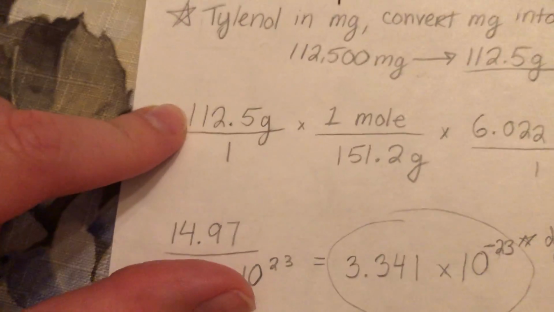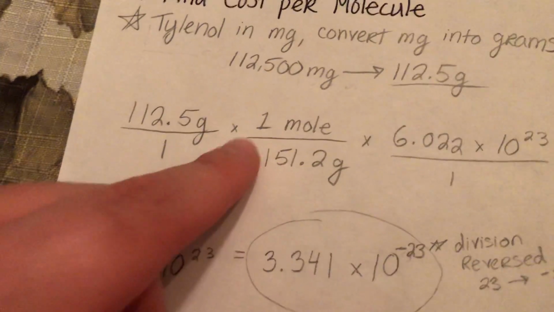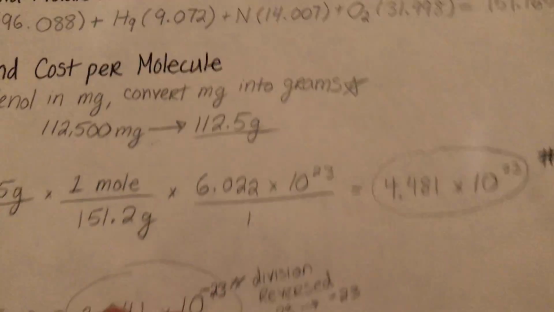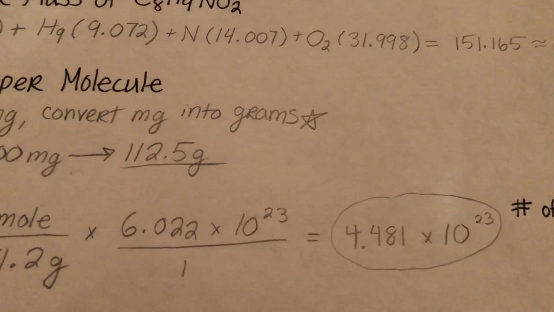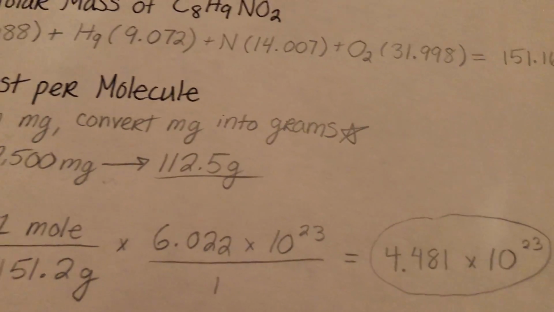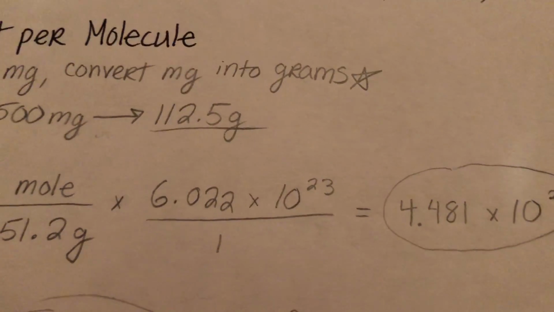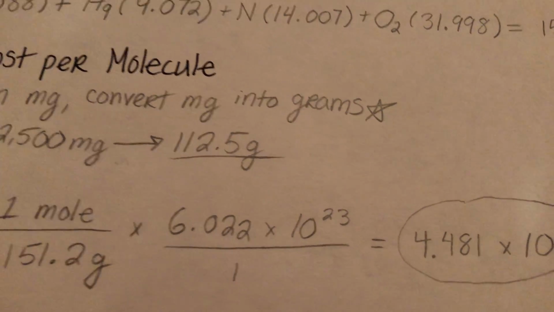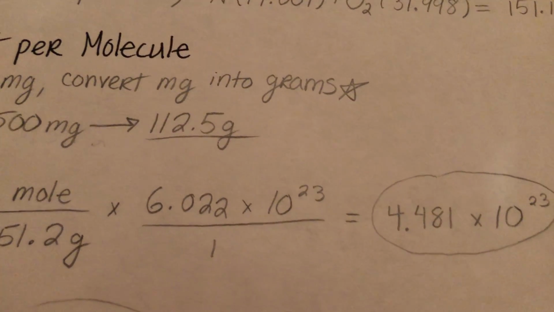So we have 112.5 grams over a placeholder. Then we have 1 mole, and 1 mole is 151.2 grams. Then this is how I figured this out. I had to look this up again to refresh myself. Avogadro's number is a constant that converts moles into the number of molecules, which is exactly what we need in this instance.